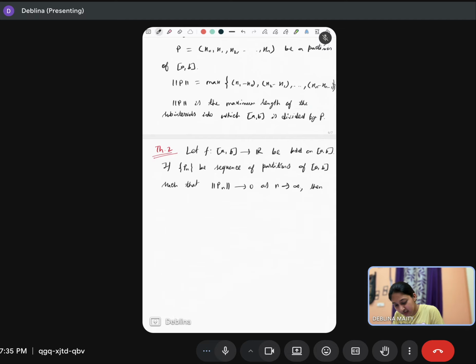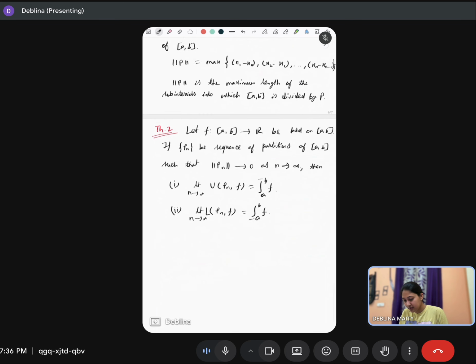Then what we have is the limit as n tends to infinity of U(Pn,f) is actually the upper integral, and the limit as n tends to infinity of L(Pn,f) is the lower integral, right? So this is a very important theorem.